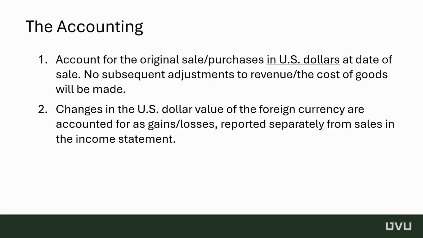This is important because the gain or loss did not come from selling more products, charging a higher price, buying better inventory, or negotiating different purchase prices. It came from the movement in exchange rates, which is entirely outside of the company's control. So accounting separates that effect from the operating transaction itself.